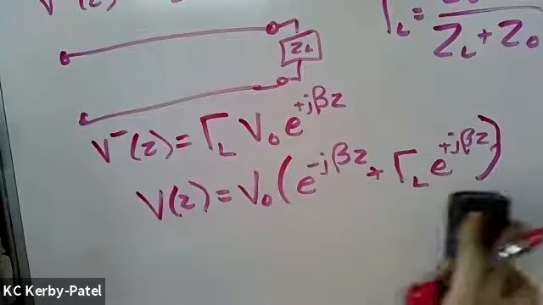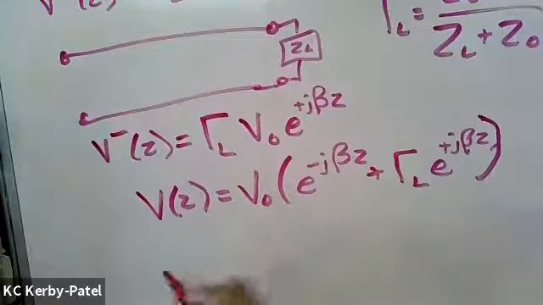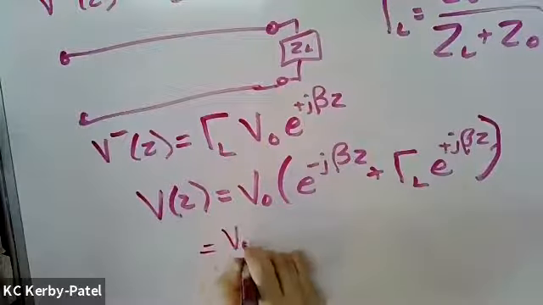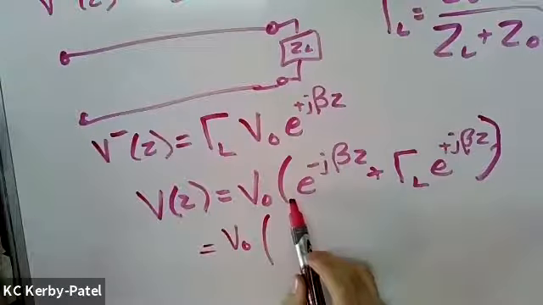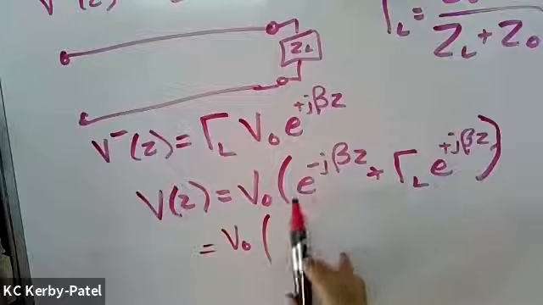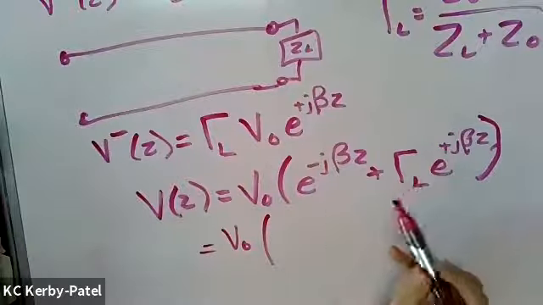If I use my knowledge of Euler's identity to break this up, I can write this as V naught times, right? This is 1 times e to the minus j beta z, but I can write it as 1 minus gamma plus gamma e to the minus j beta z.